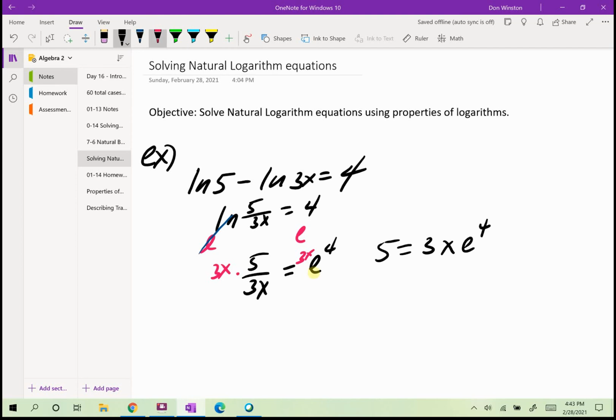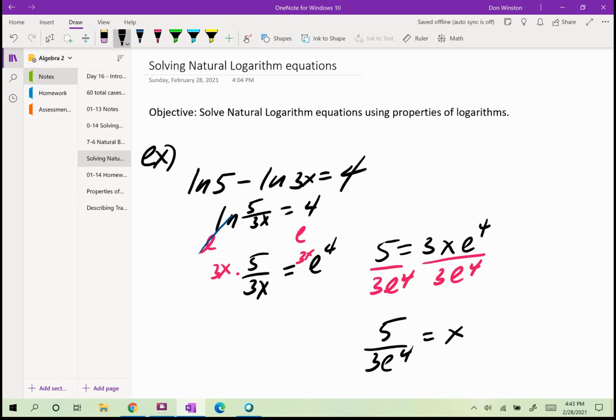Then I'll divide both sides by 3e to the 4th. So my solution is 5 divided by 3e raised to the 4th is equal to x.